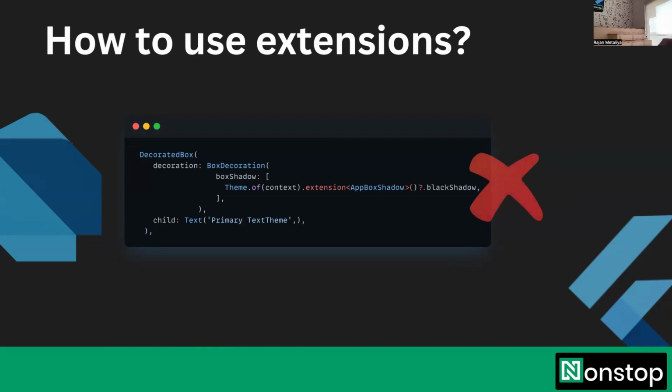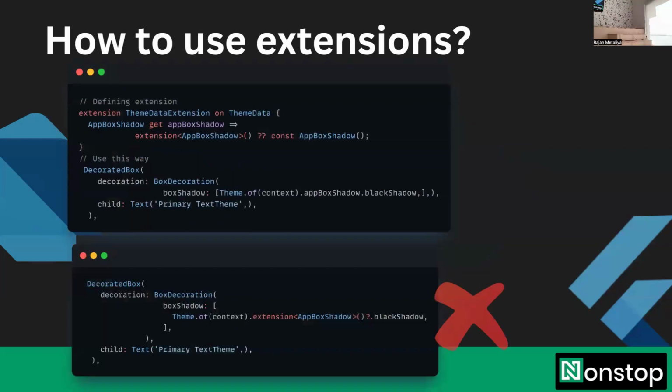What we can do is create an extension of that. If you see here, I will generate the extension in theme extension. You can give any name on the theme data. In the theme data object, you have created the extension. You have given the box shadow as a property, and if it's not set, take a default box shadow.